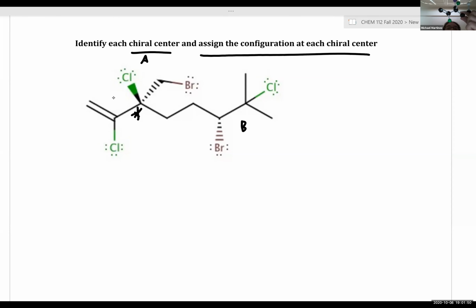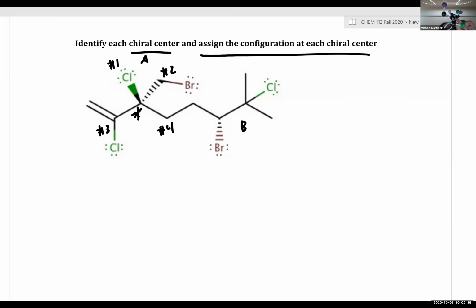In terms of priority, the chlorine's the highest, the alkyl bromide's the second highest, the vinyl chloride is the third highest, and this alkyl group is the lowest priority. So what we're going to do is rotate this whole molecule so that our longest chain is pointing back.